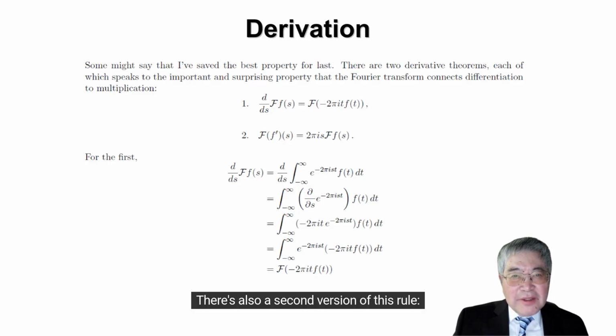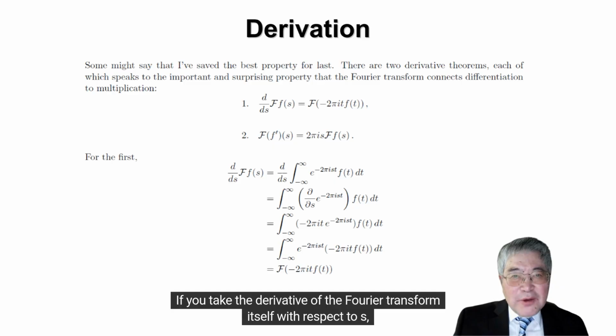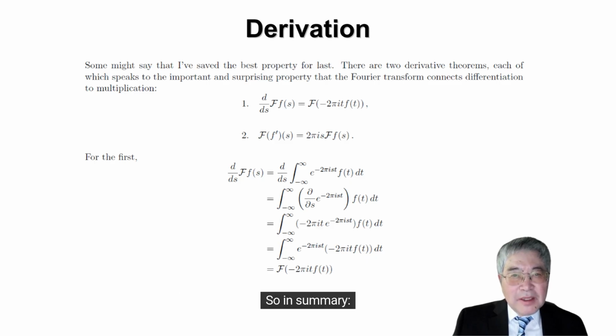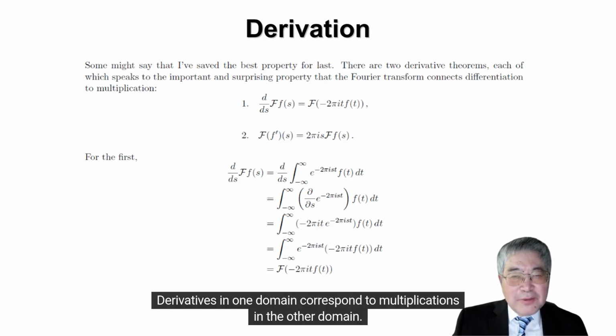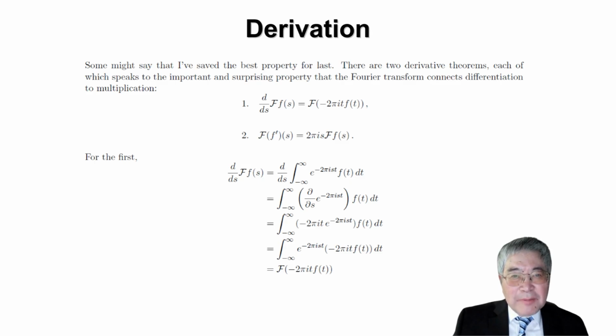There's also a second version of this rule. If you take the derivative of the Fourier transform itself with respect to s, that's the same as applying minus 2 pi i t to f of t, and then transforming it. So in summary, derivatives in one domain correspond to multiplications in the other domain. And this duality works both ways, from time to frequency or frequency to time.